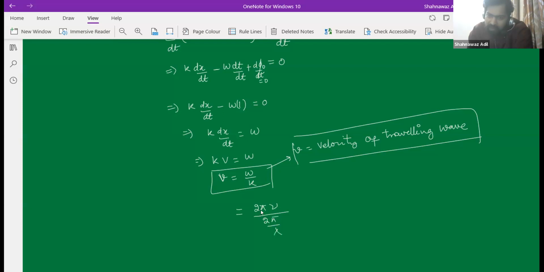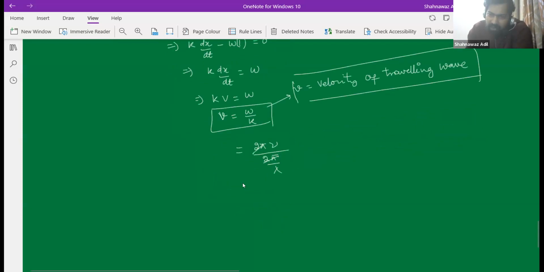So the 2π will cancel, and lambda will go upstairs. So this velocity can also be written as v = fλ. You already know this relation: frequency and wavelength are related to the velocity of the wave.